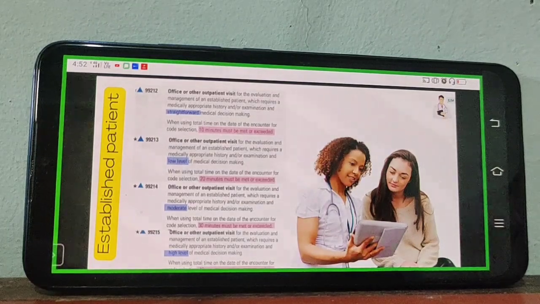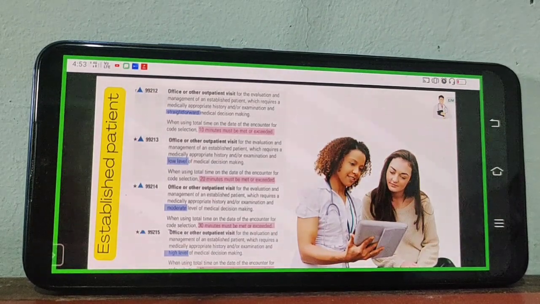Okay, thank you. As per our 2024 guidelines, for every E&M service the time must be met. For example, in 99212, established patient straightforward, 10 minutes. Even 9 minutes, you should not apply the code. You must meet the minimum time.